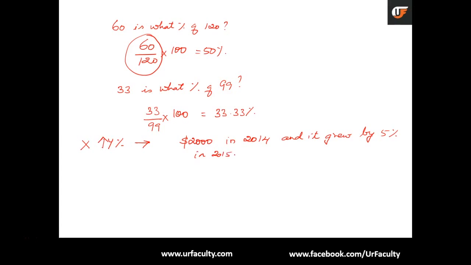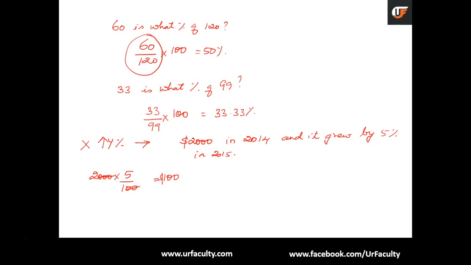How do you do that? The first step is to understand the increase, the value that has gone up. We'll go by 2000 into 5 by 100. And what does this give us? This gives us 100.